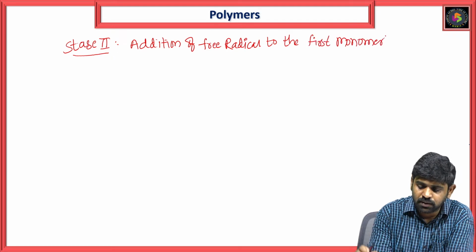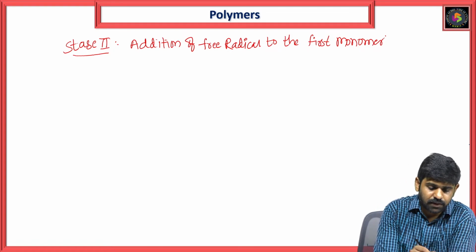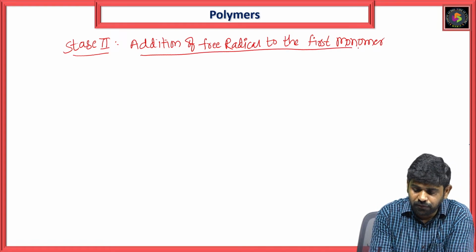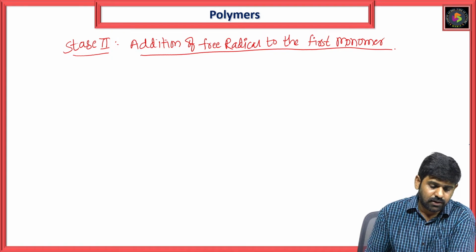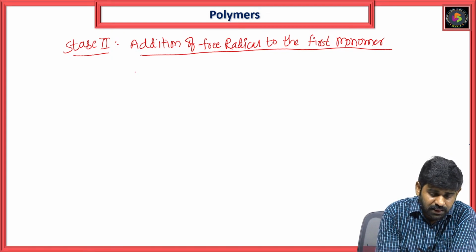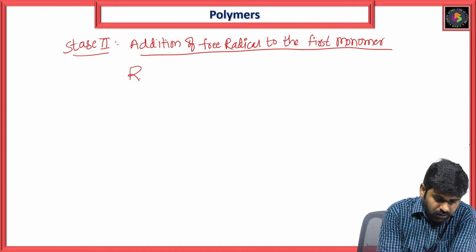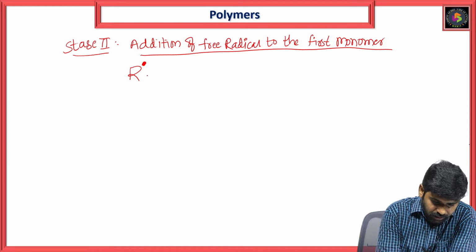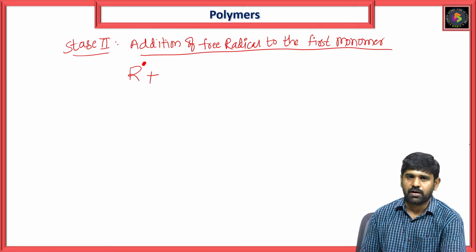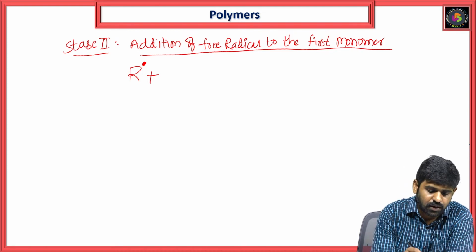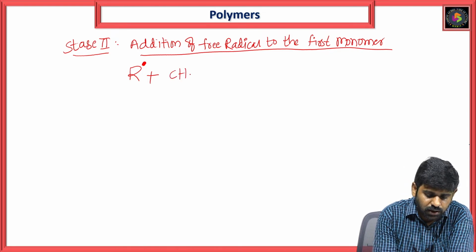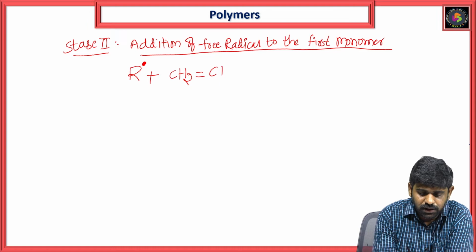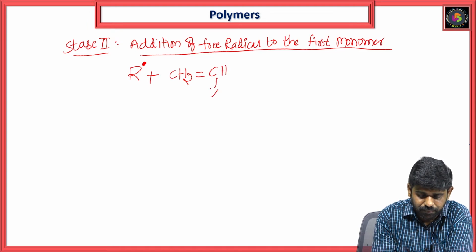Here the monomer is an olefin. The formed phenyl radical, R dot, reacts with the monomer, CH2=CHY, where Y is the substituent.